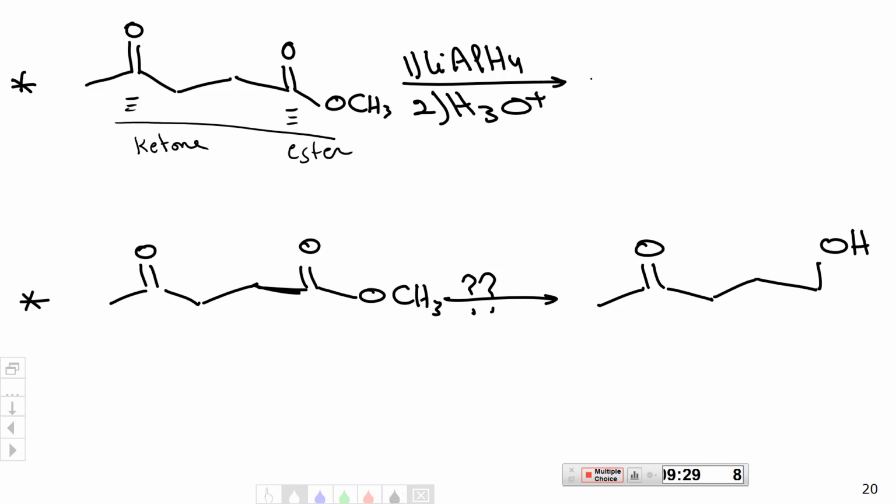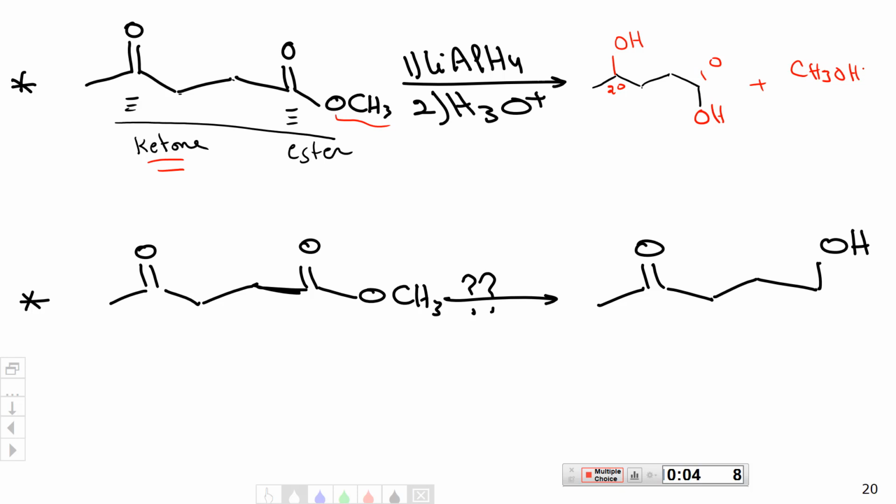So the result of this reaction, assuming I have enough, is that the ketone is going to change to a secondary alcohol, being reduced, and the ester is going to be reduced to a primary alcohol, with this leaving as methanol. So both of them will be reduced, because lithium aluminum hydride is a strong reducing agent that reduces, I can keep going, ketones, aldehydes, ester, carboxylic acid, nitriles. It can reduce all of these.